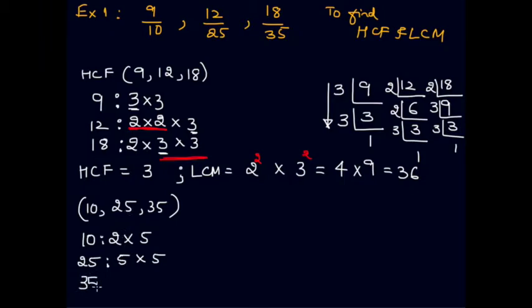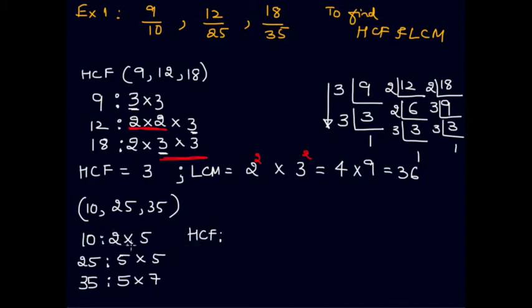So the last one is 35. Again, it's an odd number, so 2 is out of the question. 3, can 3 divide 35? No. And the next number we can try is 5. Yes, 5 divides it, 5 times 7. So, what is the HCF?